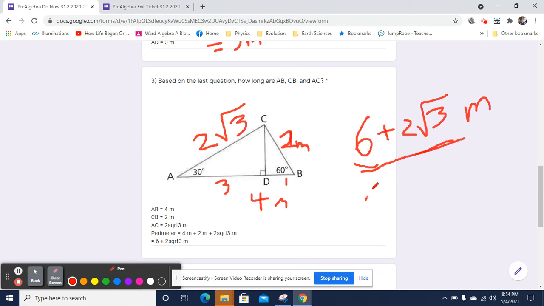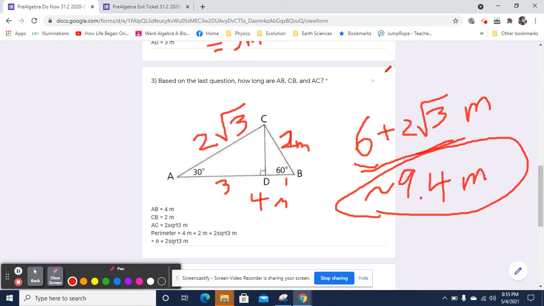So this is going to be about 9.4 meters, because the square root of 3 is about 1.7. Okay, but this is an estimated version. So this is exact. And this is an estimate.